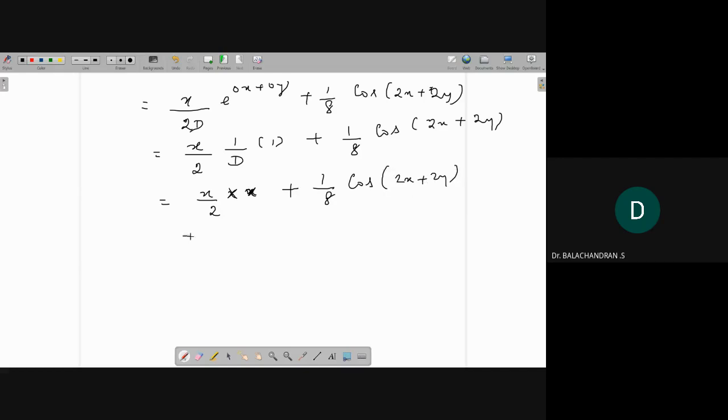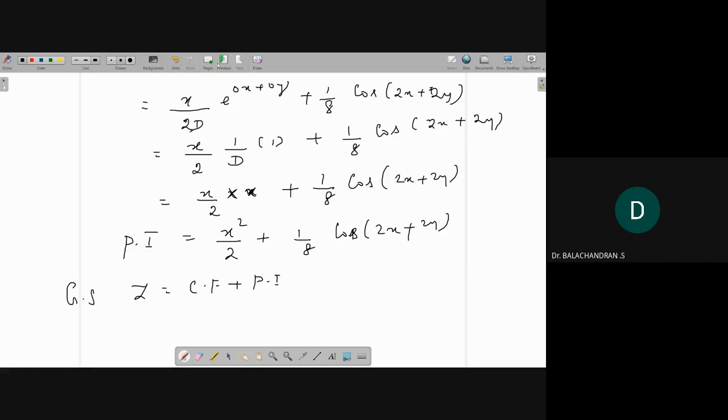The final answer is x square by 2 plus 1 by 8 into cos of 2x plus 2y. This is what PI is. So the general solution is z equal to CF plus PI.